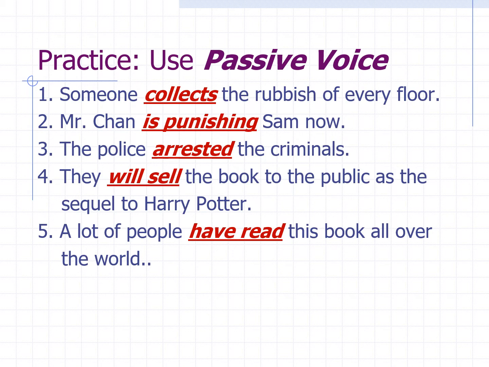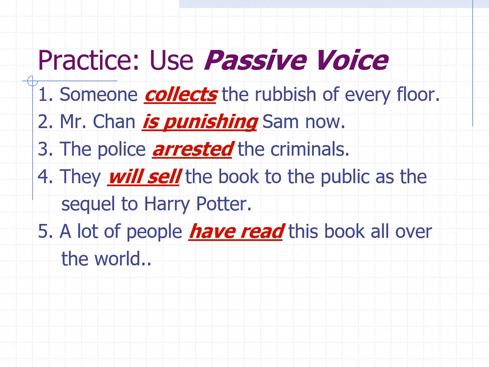The first rule of doing this type of exercise is always locate where the verb is. After looking at the verb, we know what tense it is using, and also where the action doer is and where the action receiver is.